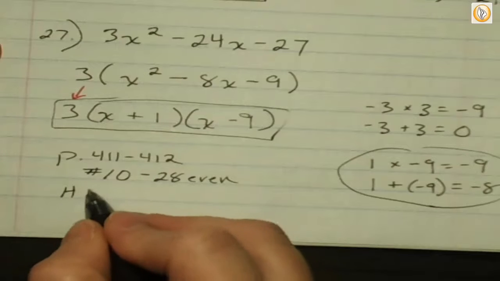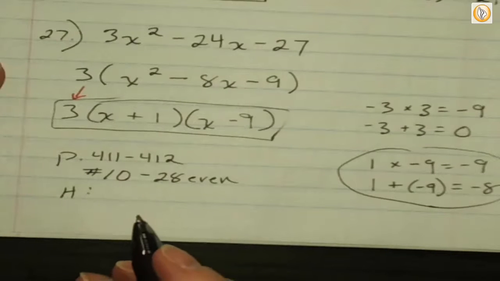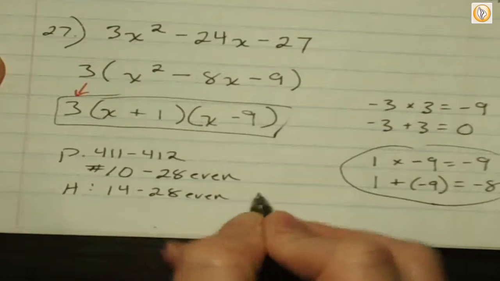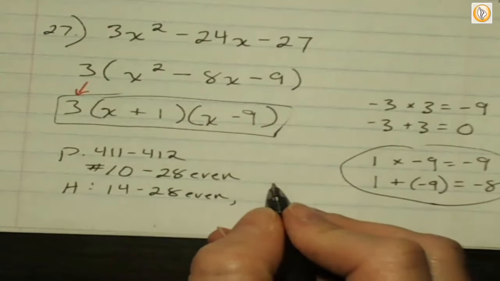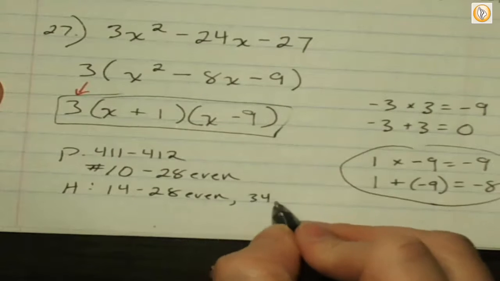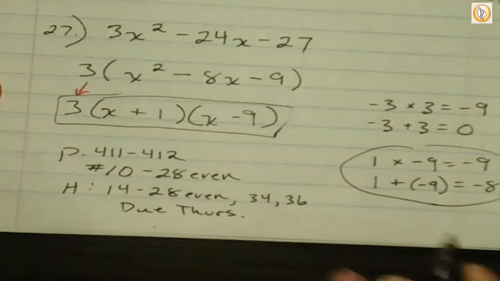And then honors, you will do 14 through 28 even, and 34 and 36. This is due Thursday. Get to work. May have a quiz on Friday. We will see. May.